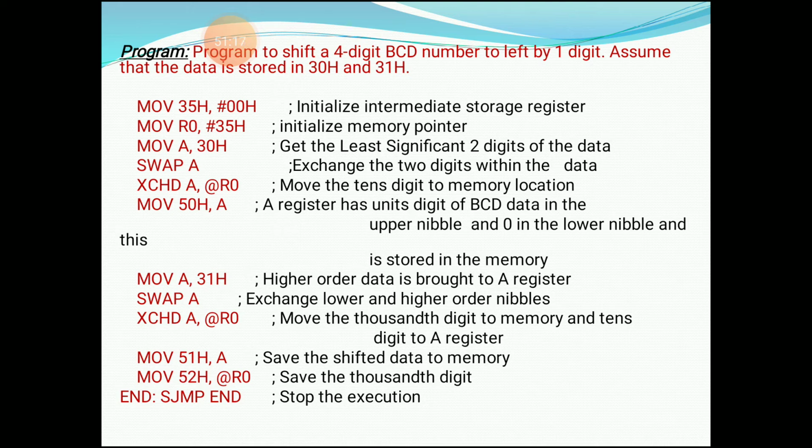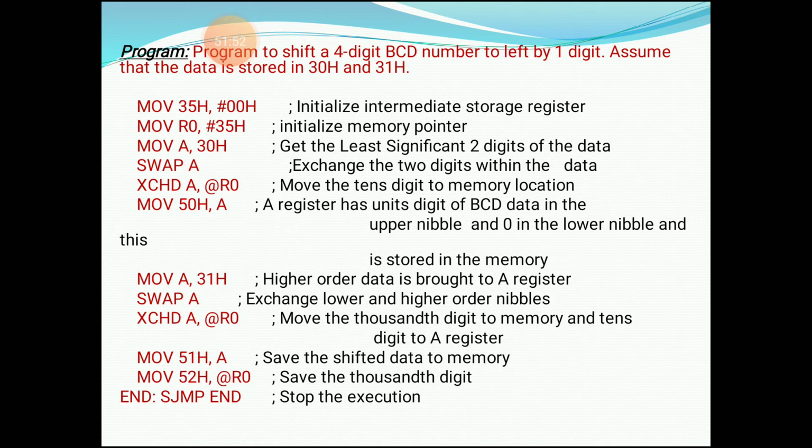So the purpose of this program is to shift the lower 4-bit binary to the higher 4-bit position in the 16-bit BCD number. Assume 1 2 3 4 H. In that 1 2 3 4, each digit is represented by using 4-bit binary. So 1 is represented as 0 0 0 1. These 4 bits of binary are shifted left, so they are removed, and on the right side we add 4 zeros in binary, or a 0 in BCD digit.